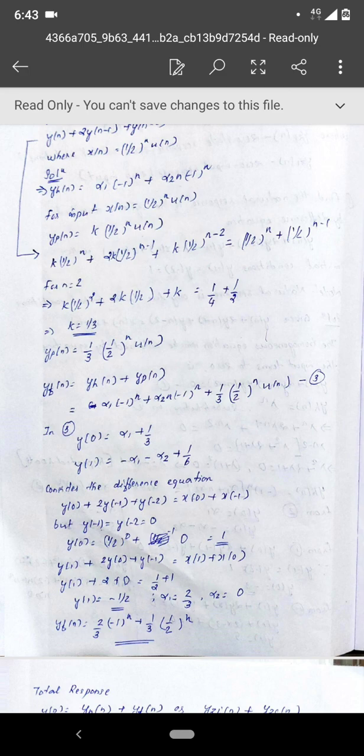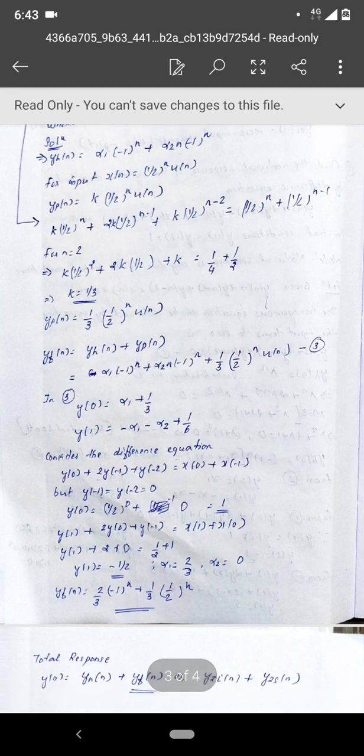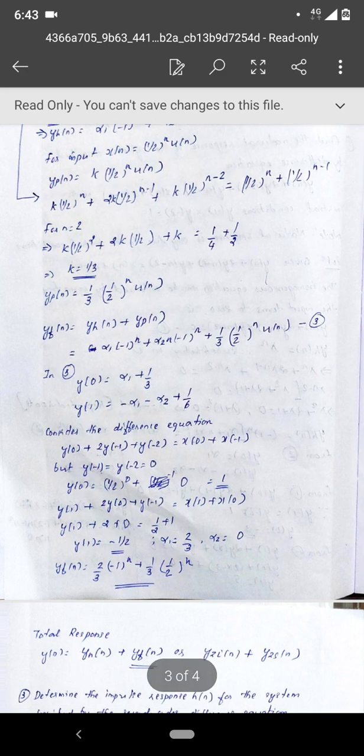So the forced response is nothing but the sum of the homogeneous function plus the particular solution yp of n. So you know what the homogeneous solution is, that is alpha 1 minus 1 raised to n plus alpha 2 n minus 1 raised to n, plus the particular solution, that is 1 by 3 half raised to n u of n.